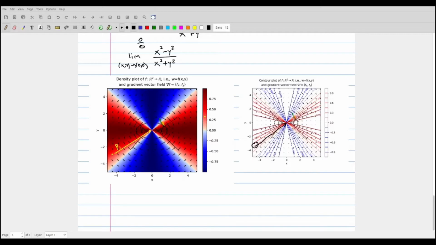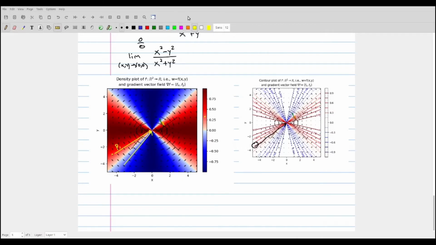The limit along this path is 0.3, but if you move a little bit over, you move to this path right here. Make it yellow so you can see it better on the density plot.